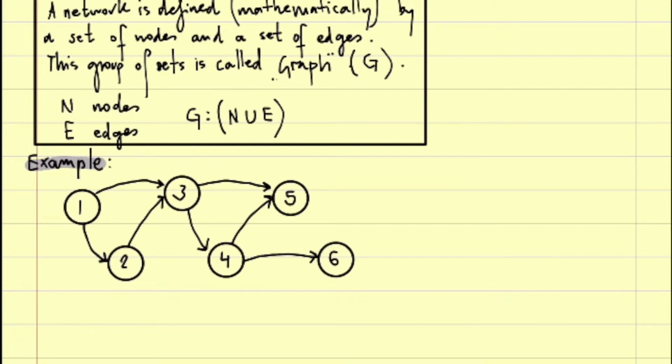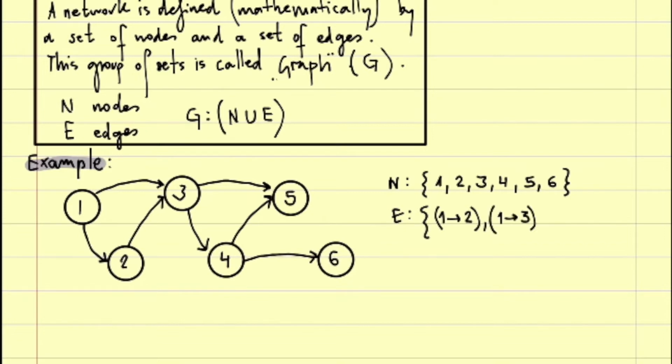So we have a set of nodes, 1, 2, 3, 4, 5, and 6, and a set of edges: 1 to 2, 1 to 3, 2 to 3, 3 to 4, 4 to 5, 3 to 5, and 4 to 6.